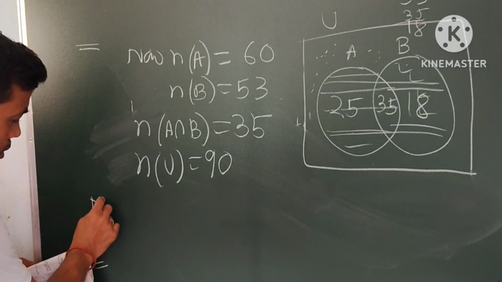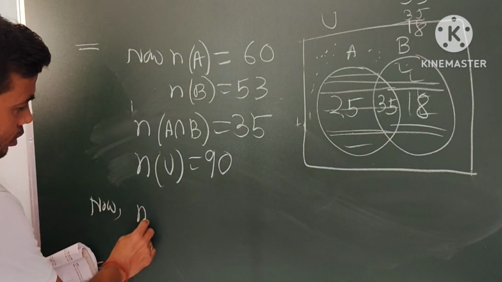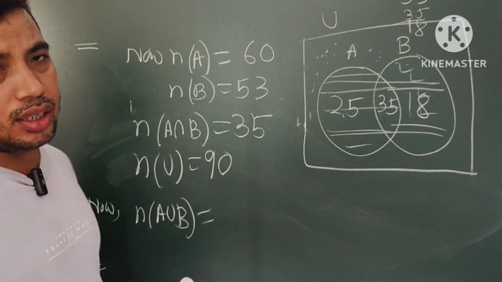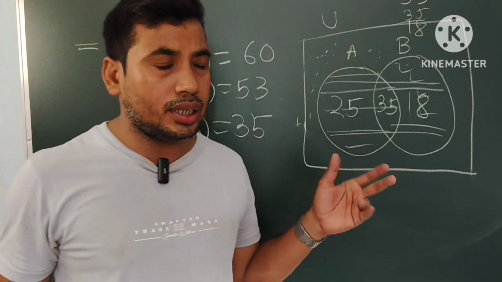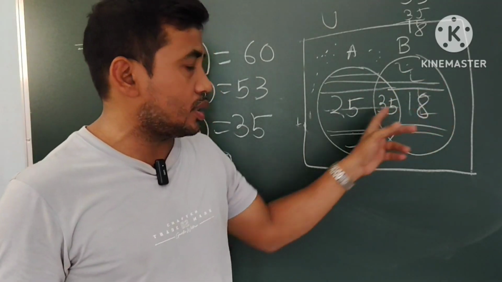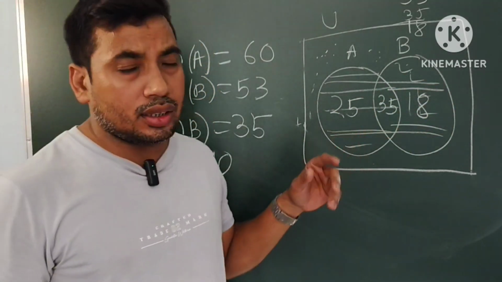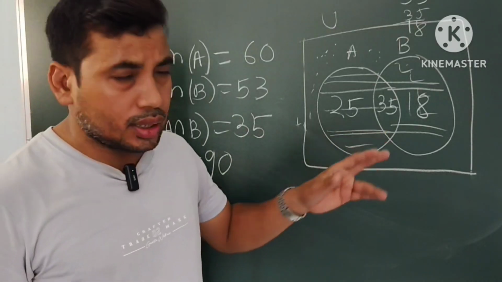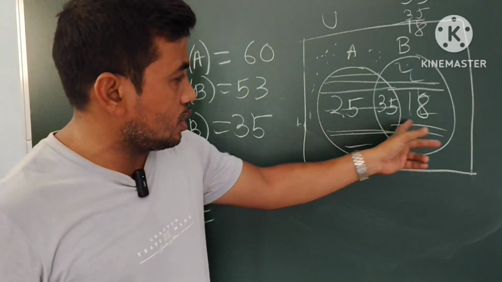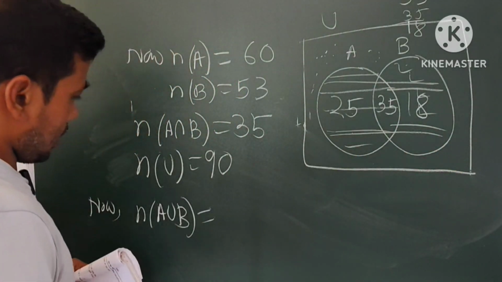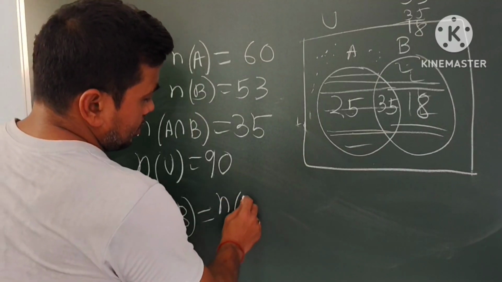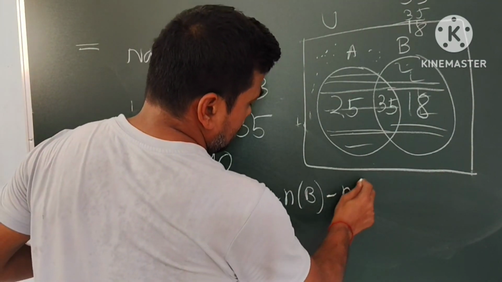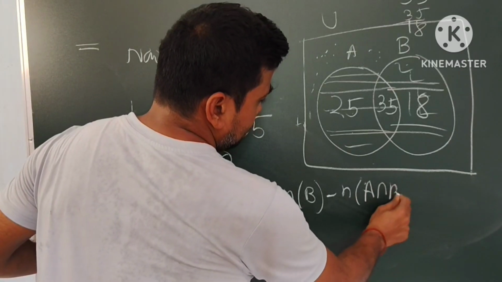Now by formula, n(A union B) means the number of elements in this whole part, where students who play at least one game or both games remain. So n(A union B) is n(A) plus n(B) minus n(A intersection B).